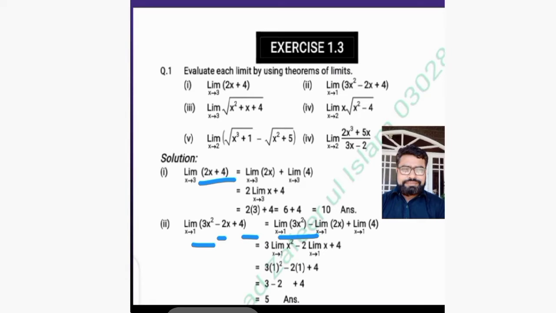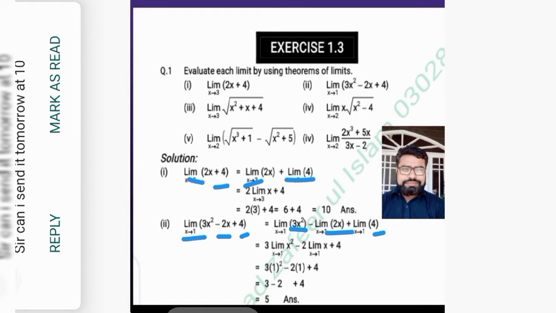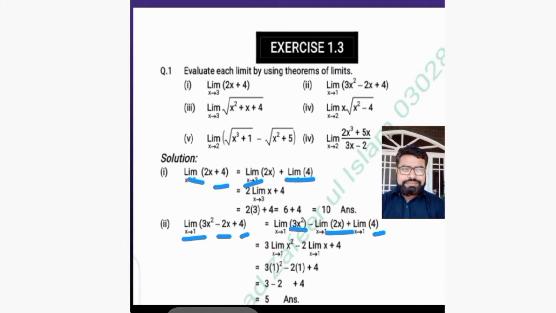We will write the limit with all 3 terms, as we have written the limit with 2 terms, as there are 2 terms in the first part and 3 terms in the second part, so we have written limit 3 times in this question. This is the first theorem of limit.